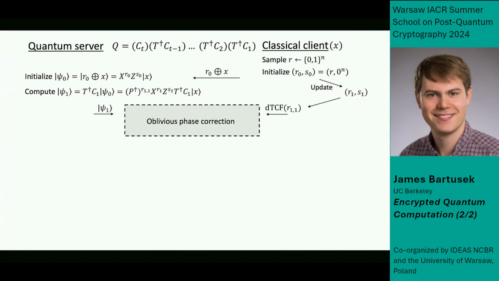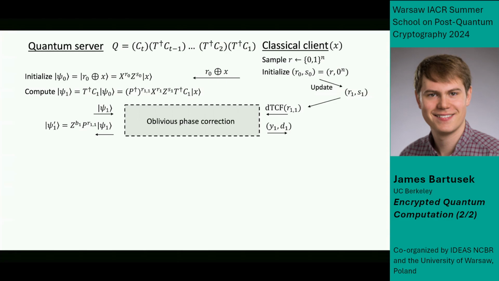Okay, and to enable this phase correction, the client will first sample a DTCF in mode R11. Okay, so the bit that we want to correct is the first bit of R1. So the client samples this DTCF in mode R11.